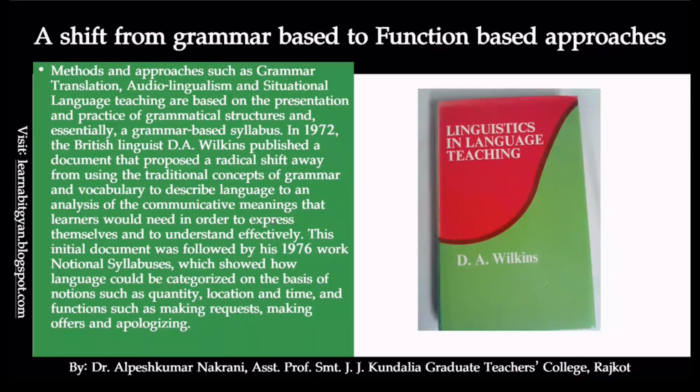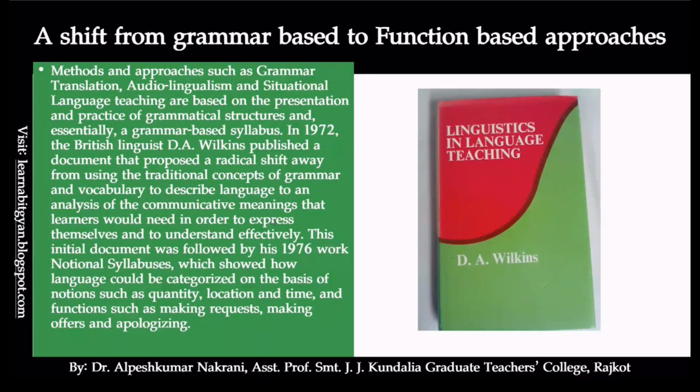He said that we should teach the language through communicative meanings. Learners will need to express themselves and understand others effectively. The language should be taught for the purpose of communication.